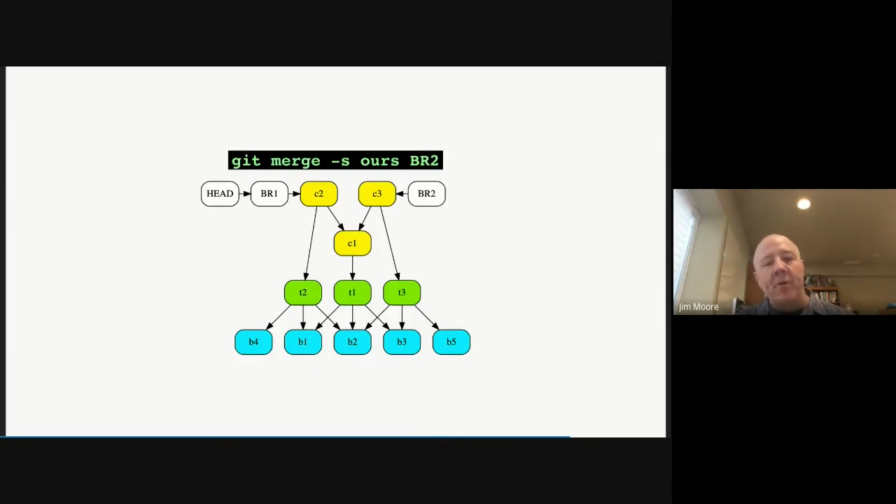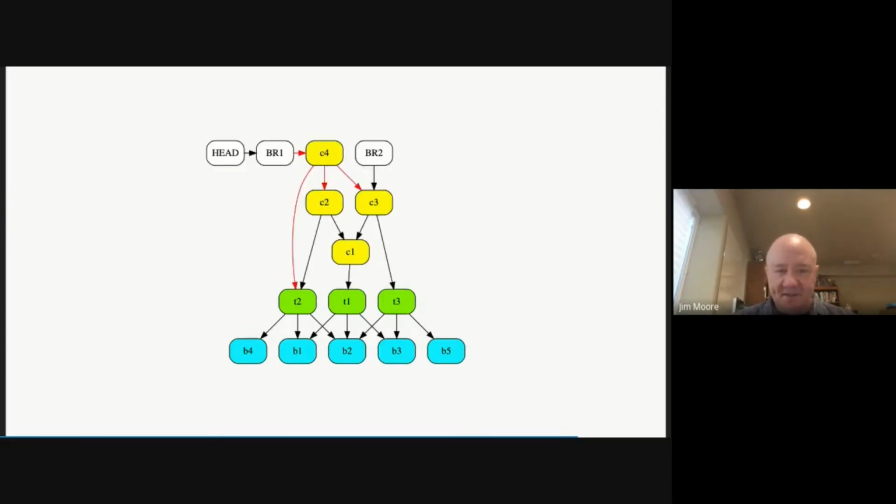So for example, if we do a -s ours, which means use the ours strategy for doing the merge, essentially it will say, okay, I'm using commit 3 as one of the parents for my new commit, but let's not actually look at anything that was under commit 3. Let's only use the data that was under commit 2. So it points directly from the new commit to the same tree that commit 2 was using.